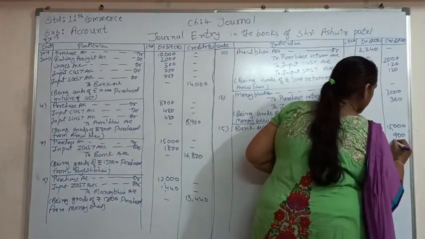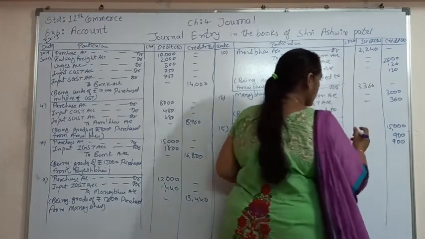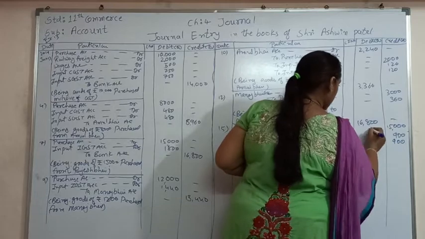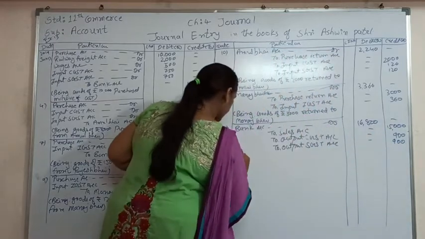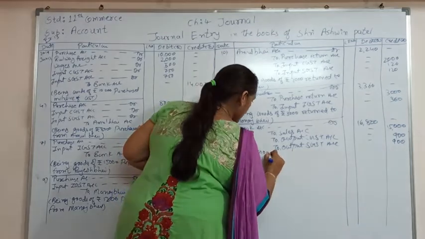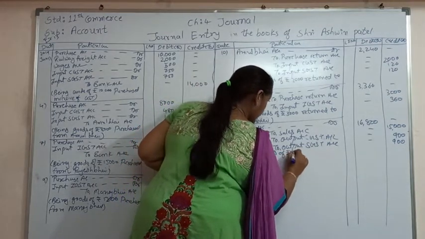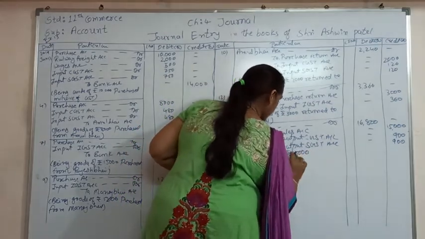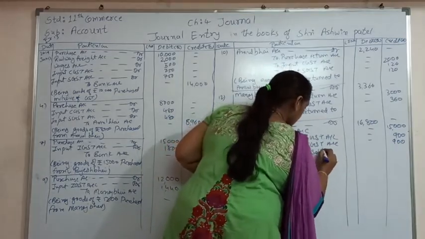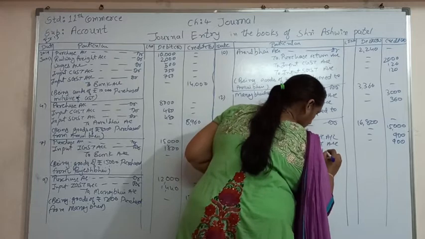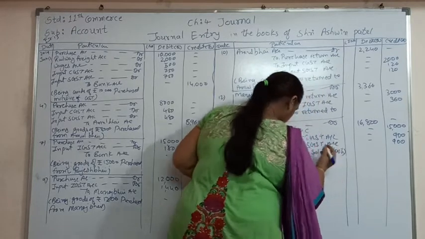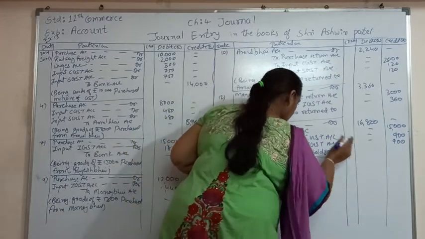So 900 and 900. So total will be 16,800. Here being goods of rupees 15,000 sold for cash and payment received through check.